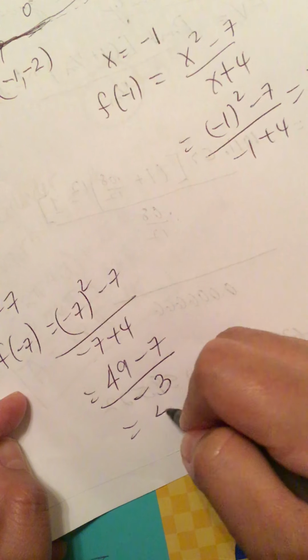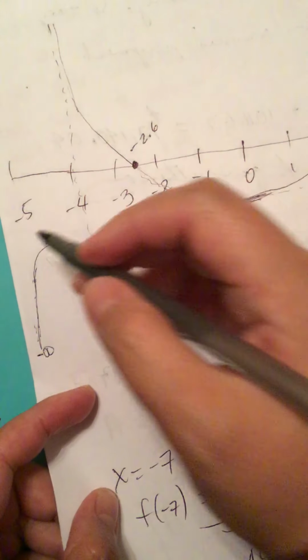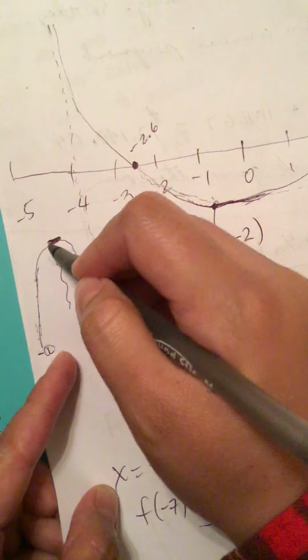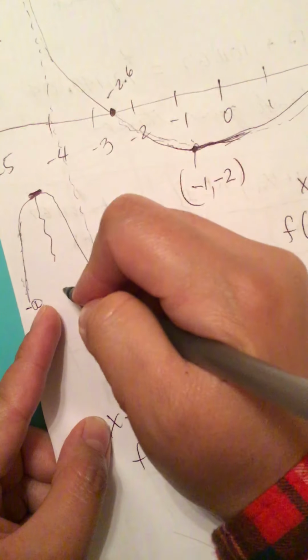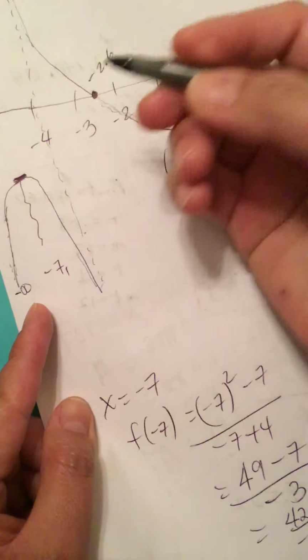And this is equal to 42 over minus 3, or this is minus 14. So the coordinates of this high point here is minus 7 comma minus 14.